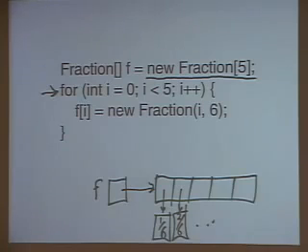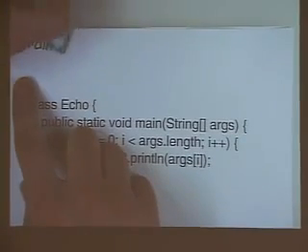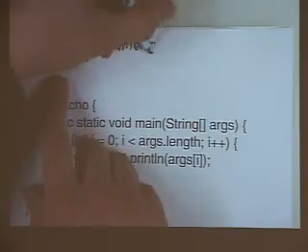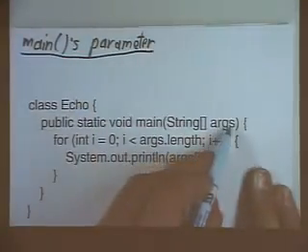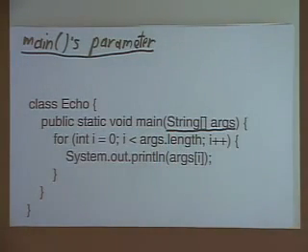So here's another interesting array that comes up in Java. You may have all noticed that there is a parameter to the main method that every program starts with, and that parameter is an array of strings. So our new subject is main's parameter. We've declared this args of type array of strings. What is that?